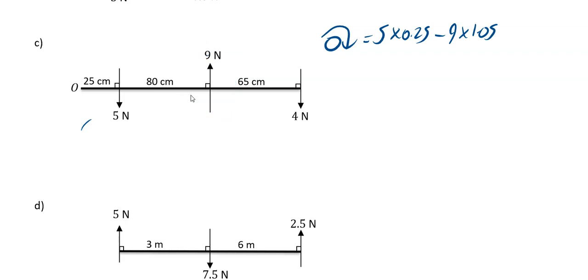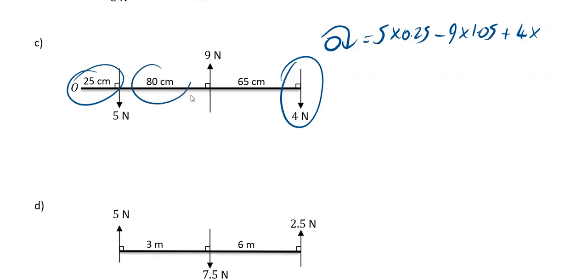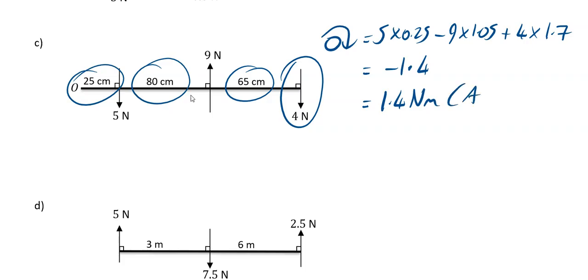And then if you have a look at this one, and I know I made a mistake on this one when I did this myself, this one is going clockwise, so it's 4, and its perpendicular distance, and I had added these incorrectly, it was 25, and 80 is 105, plus 65 is 170 centimeters, or 1.7 meters. Fire that into your calculator, and what it actually gives you is minus 1.4. So it's minus 1.4 clockwise, which is equal to positive 1.4 Newton meters anti-clockwise, and that's it.